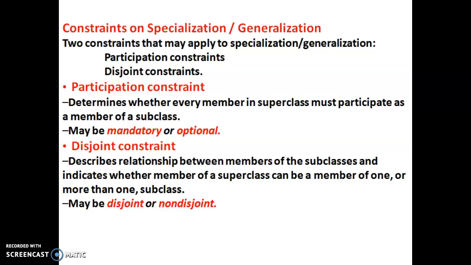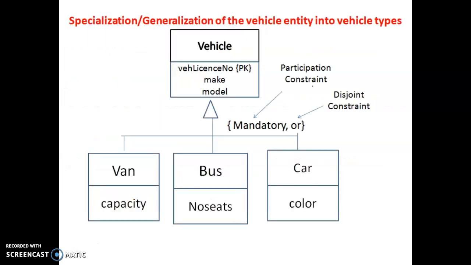To represent a disjoint superclass-subclass relationship, "or" is placed next to the participation constraint within the curly brackets.